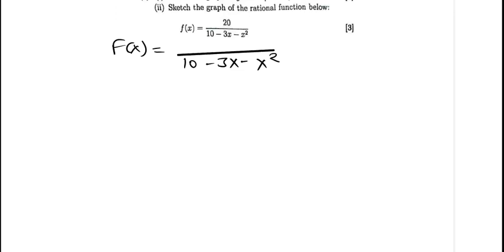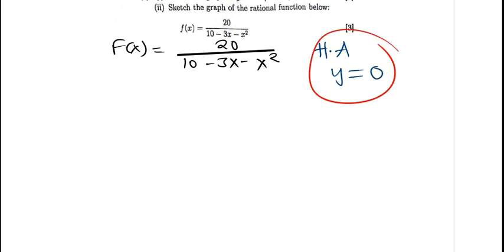You can clearly see that this is a bottom heavy rational function. In such a case, just know that the horizontal asymptote is 0. So that's y is equal to 0, which is the x-axis.